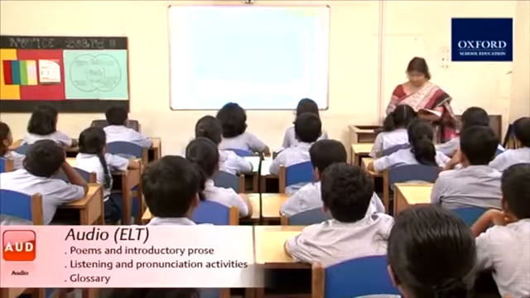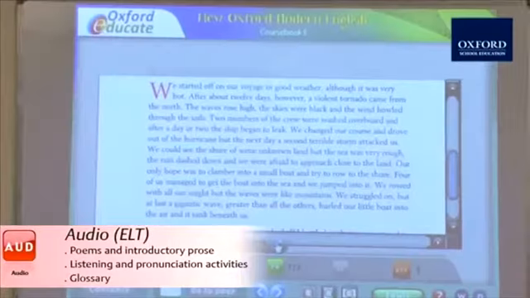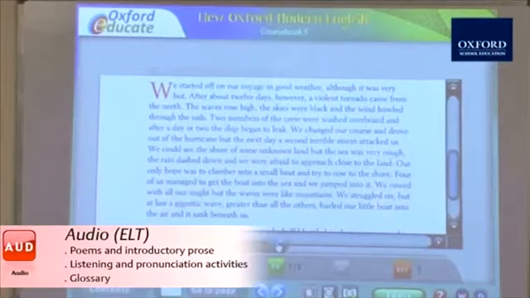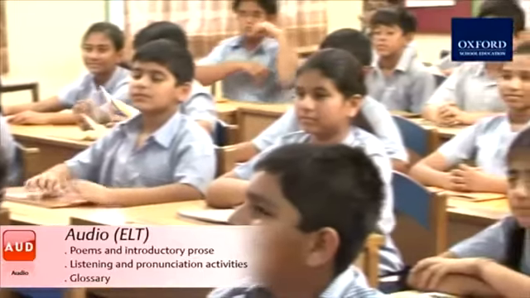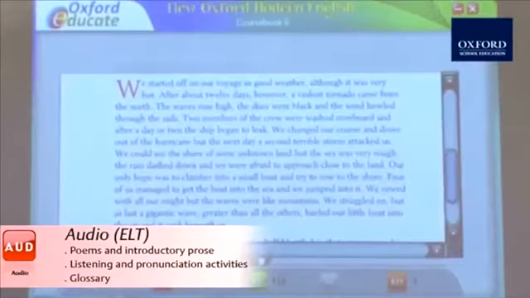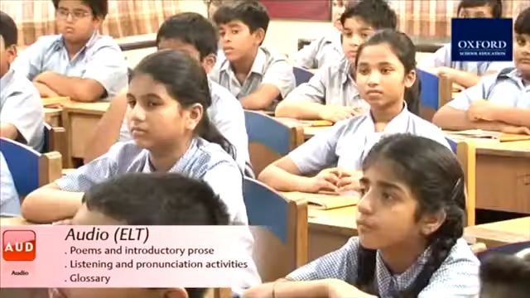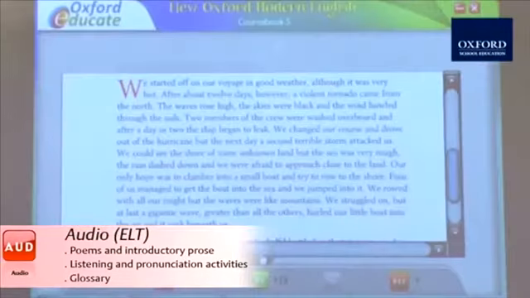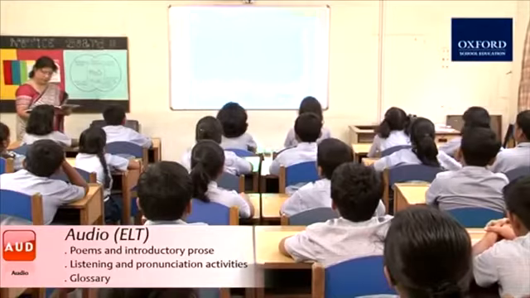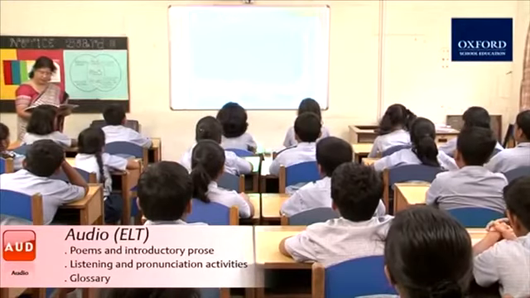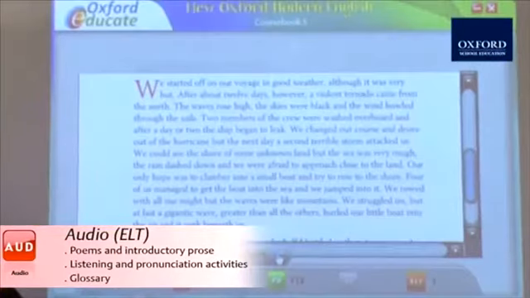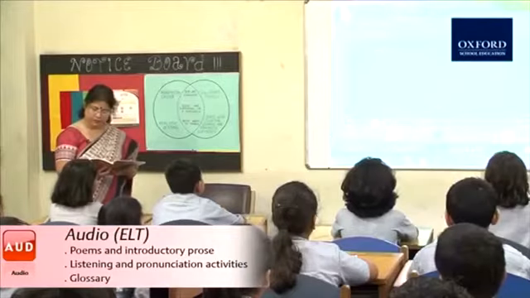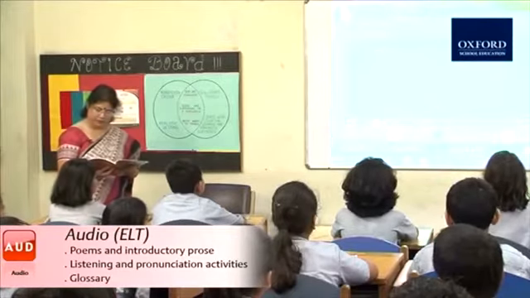Unit 3, Robinson Crusoe. We started off on our voyage in good weather, although it was very hot. After about 12 days, however, a violent tornado came from the north. The waves rose high, the skies were black, and the wind howled through the sails. 2 members of the crew were washed overboard, and after a day or 2 the ship began to leak. We changed our course and drove out of the hurricane, but the next day a second terrible storm attacked us.